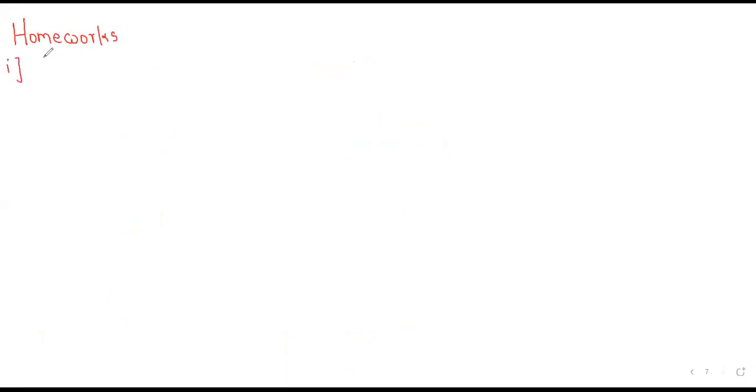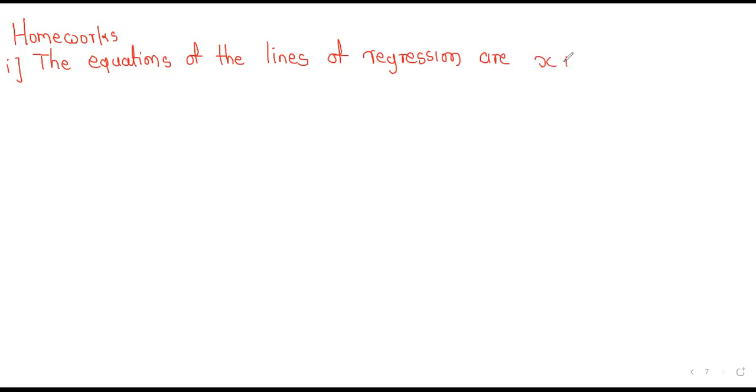First: the equations of the lines of regression are x plus 2y is equal to 5 and 2x plus 3y is equal to 8.